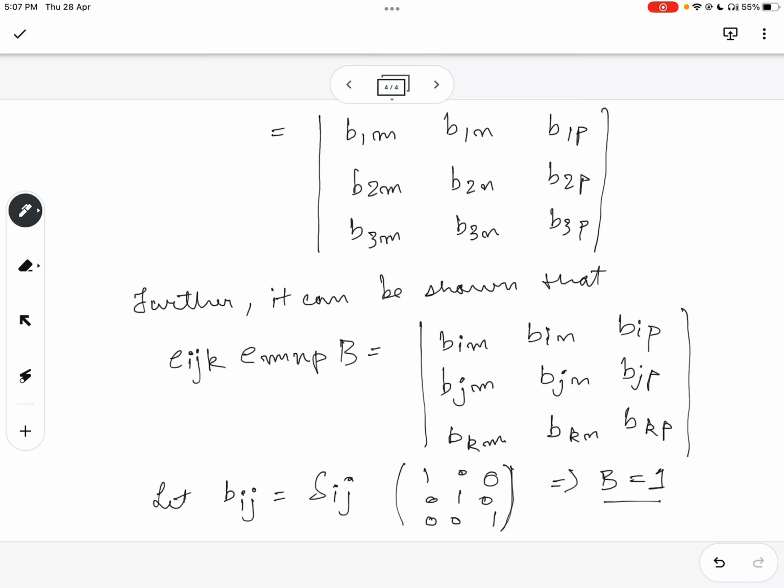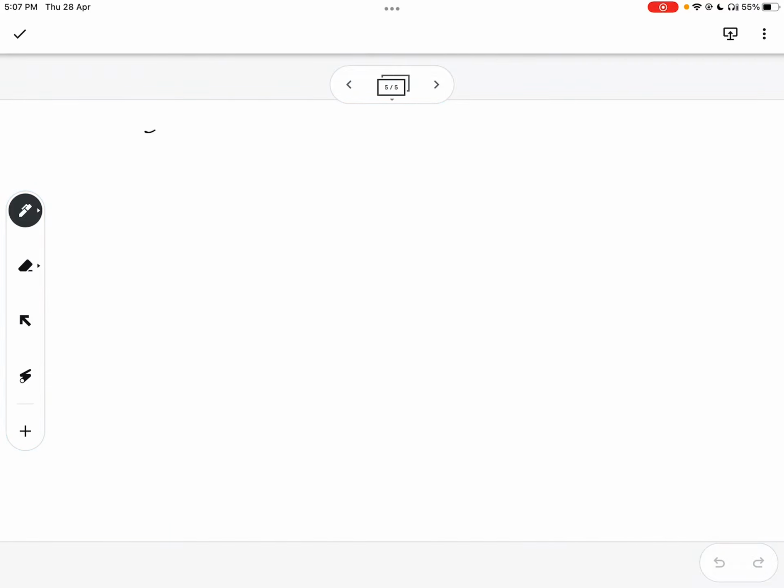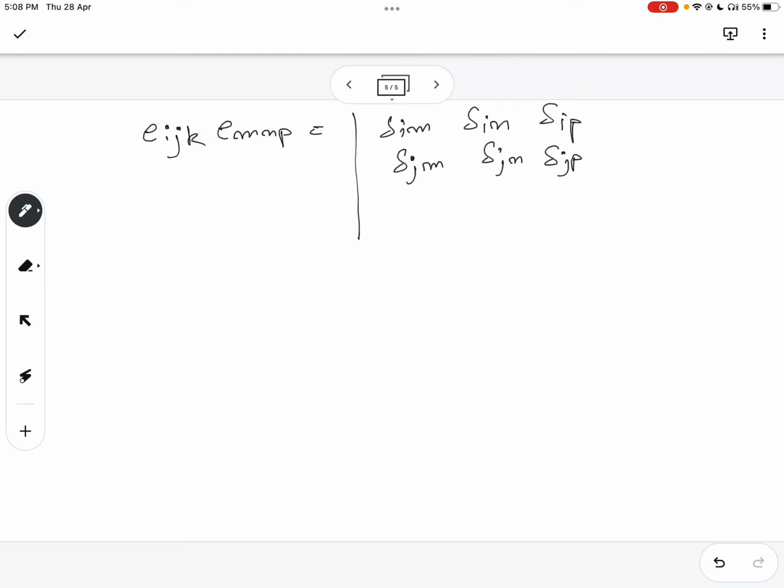So when Bij is delta ij, what does this equation become? That is Eijk Emnp is delta im, delta in, delta ip, delta jm, delta jn, delta jp, delta km, delta kn, delta kp.